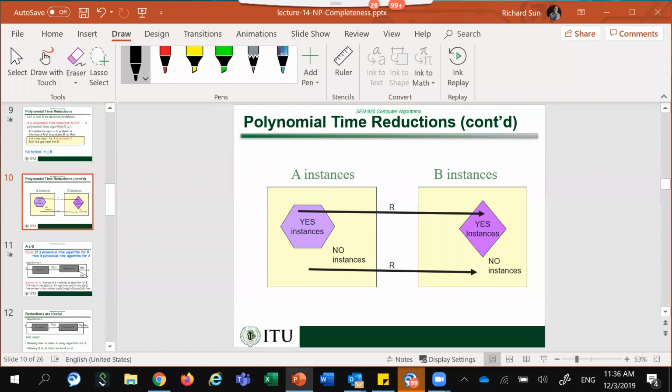We can use this picture to show you. A is a problem that has many instances.